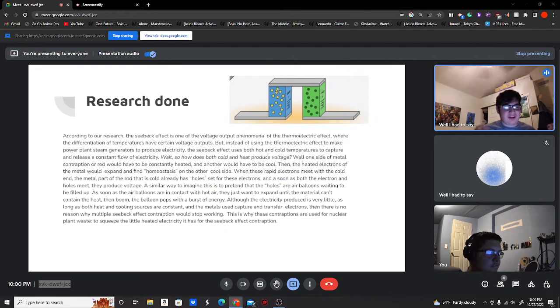The hot end is the N type, the blue block, and those yellow dots are electrons, which are trying to go to the positive type, the green block, which is the cold end. As the electrons move to the cold end, just think of it like diffusion, like homeostasis. They're trying to fill in those holes, and whenever they fill in those holes, they produce voltage. That's basically the Seebeck effect.